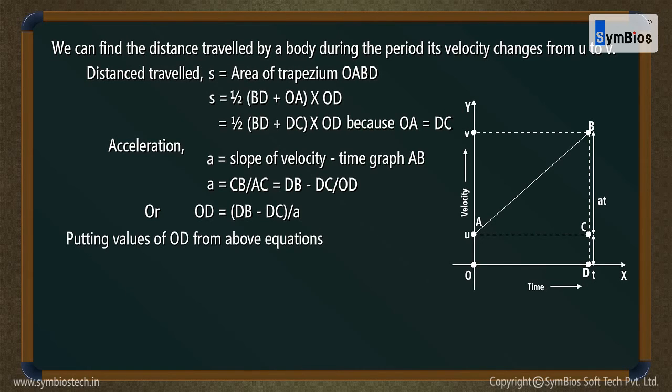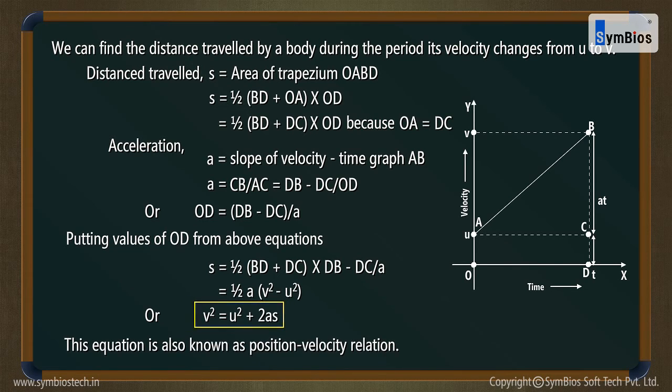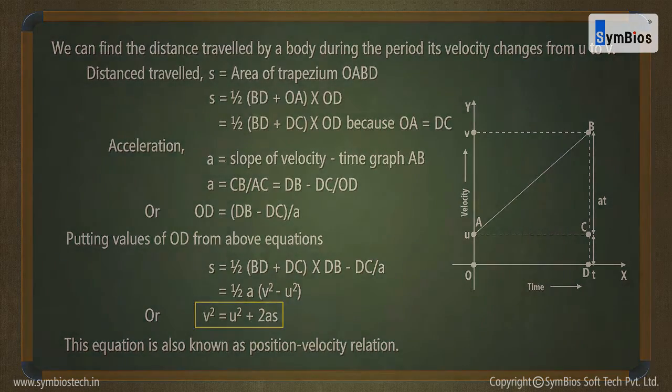Putting values of OD from above equations, s is equal to half into (BD plus DC) into (DB minus DC) by a, is equal to half a into (v square minus u square), or v square is equal to u square plus 2as. This equation is known as position-velocity relation.